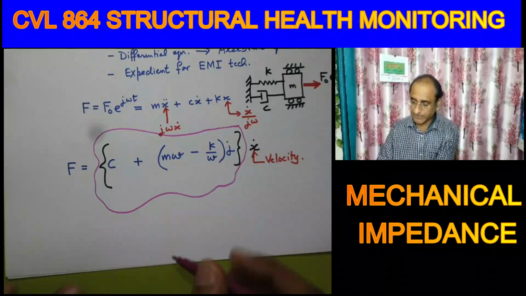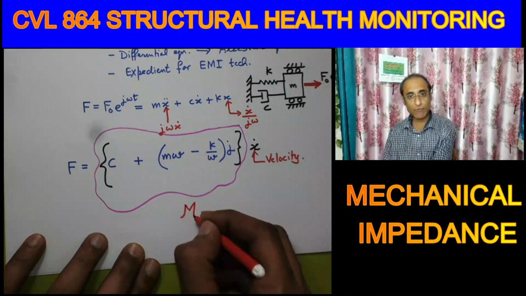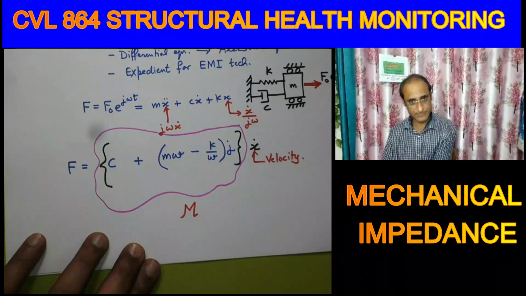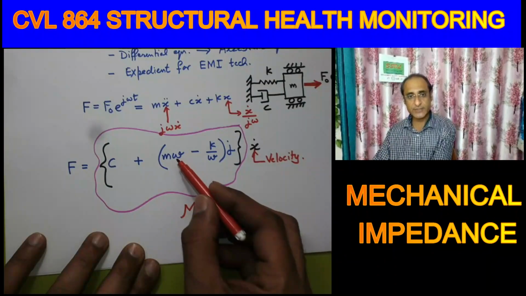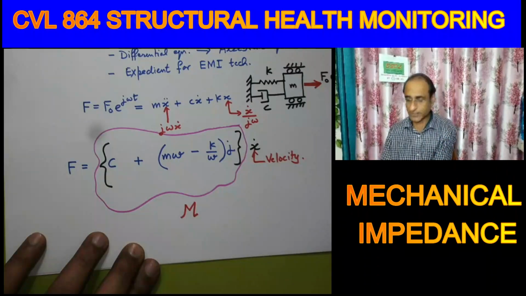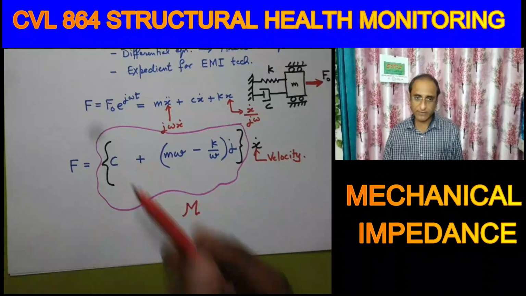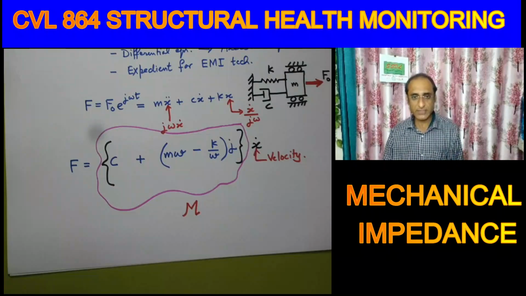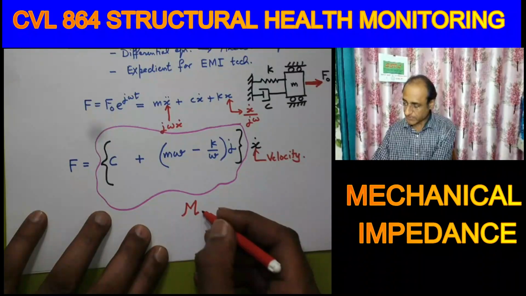The complete term for this is mechanical impedance, and you are correct. It's like an equivalent damping of the system, because everything is related to velocity. Mass we have changed and stiffness we have changed, such that everything is in terms of C, the damping. So damping is the king here, and that's why we are using the term mechanical impedance for this.